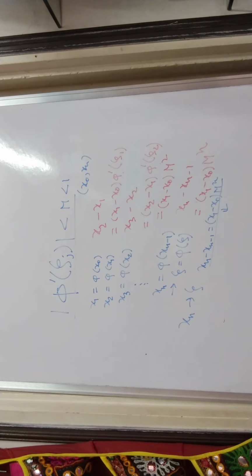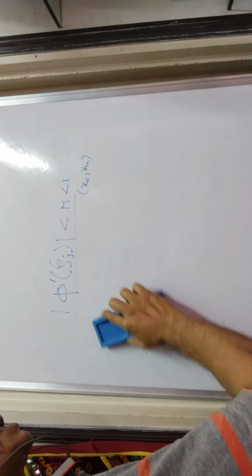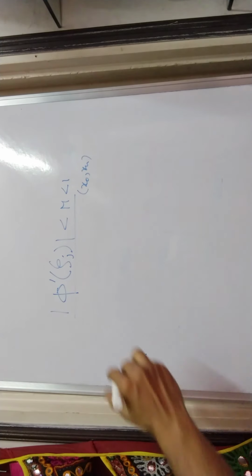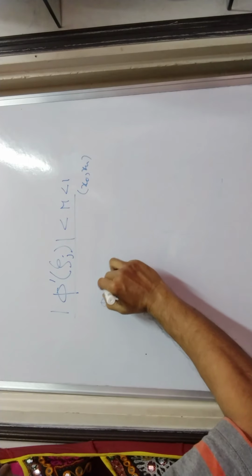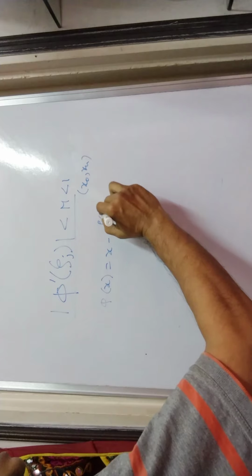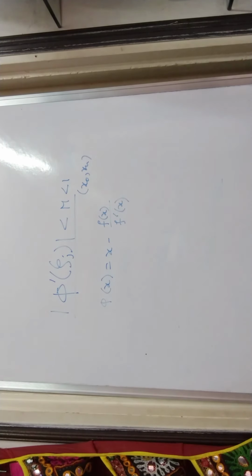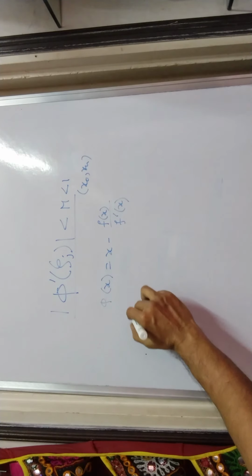So in case of the Newton-Raphson method, we have the formula written as phi x equal to x minus fx by f prime x. Isn't it so? So what is phi prime x?